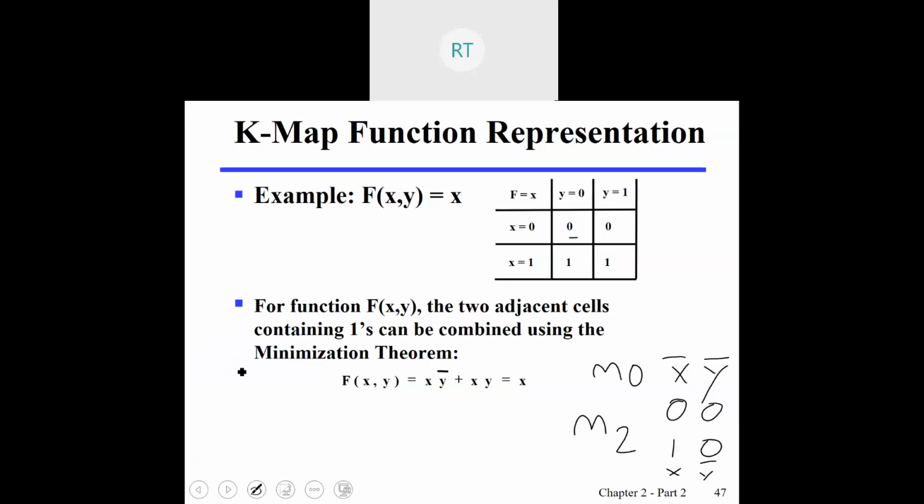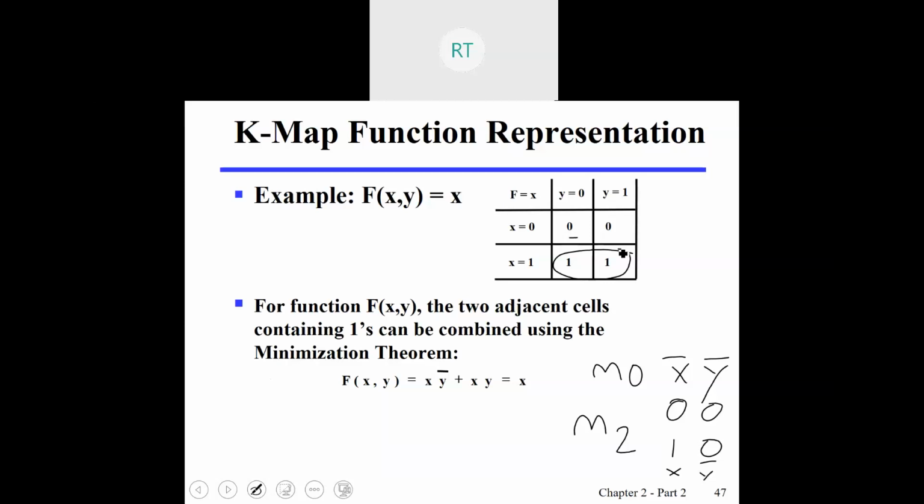How do I move from Boolean expression to K-map? Look very carefully now. I take two adjacent cells that contain 1 in them. I only look at the ones. I don't look at the zeros.